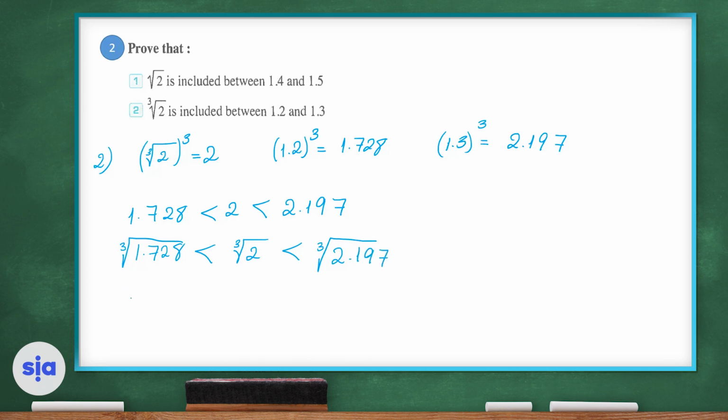Then the cubic root of 1.728 is 1.2, less than the cubic root of 2, which is less than 1.3. So this proves that the cubic root of 2 is between 1.2 and 1.3.